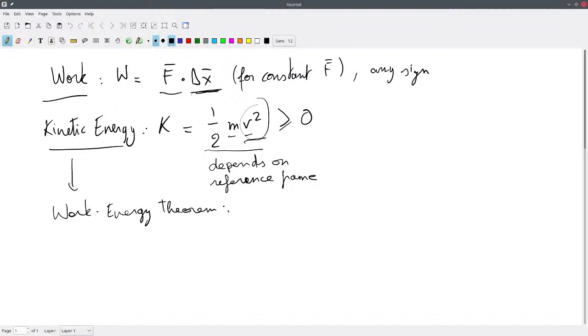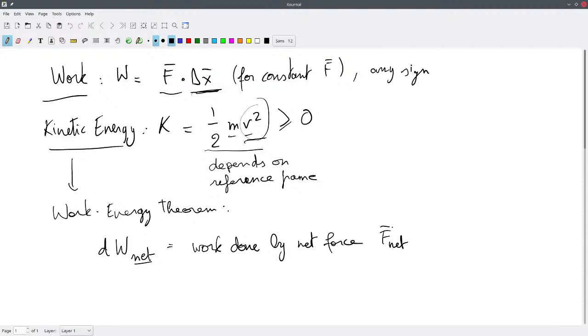Well, let's think back about the infinitesimal amount of work that is being done by the net forces. So let's introduce dW net, which is the work done by the net force. So that could be a sum of different forces that together forms the net force.